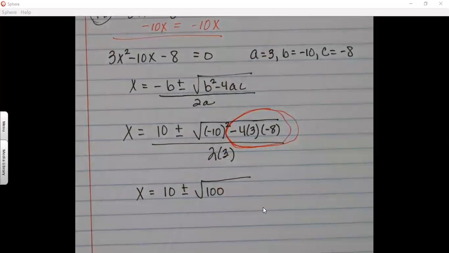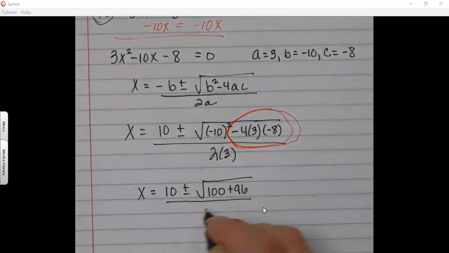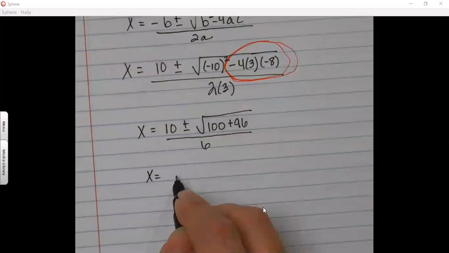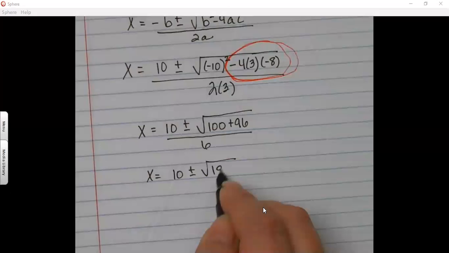All over 6. So obviously we can simplify under that radical. X equals 10 plus or minus the square root of 196 all over 6.